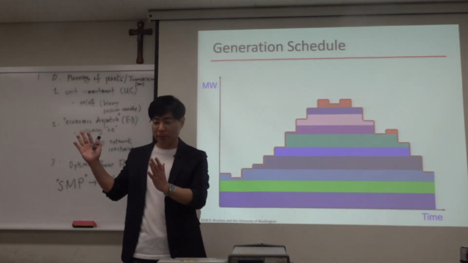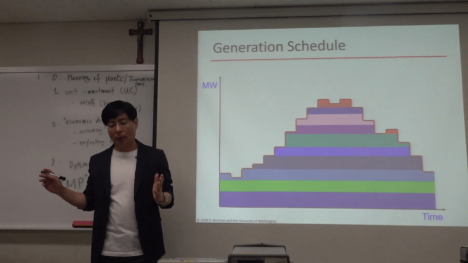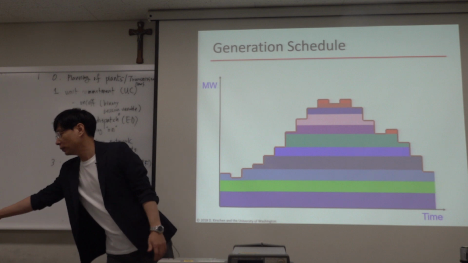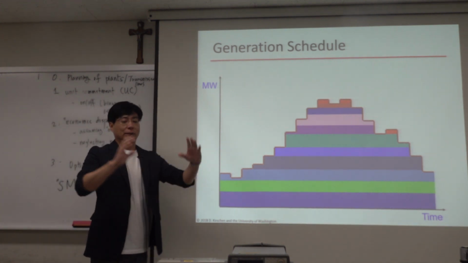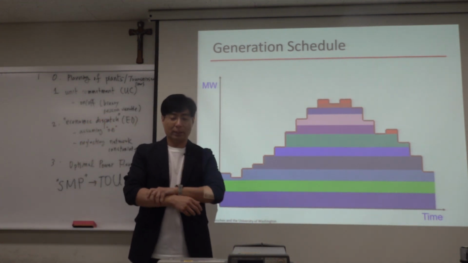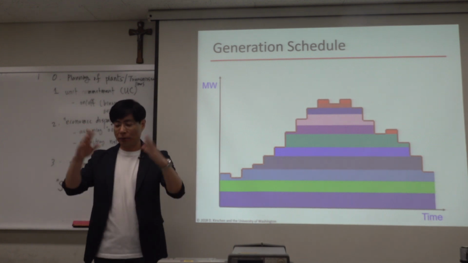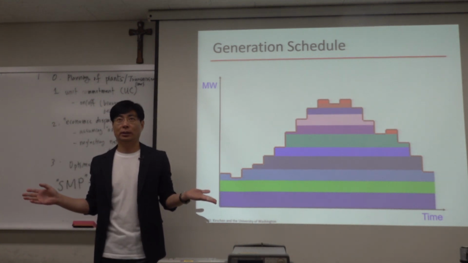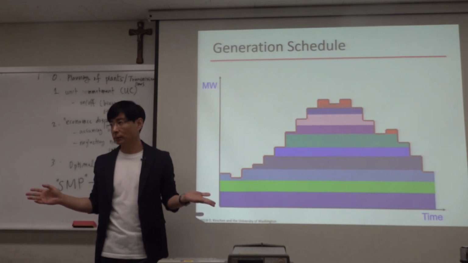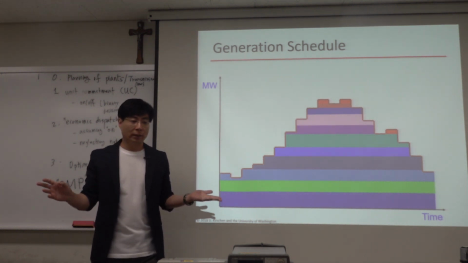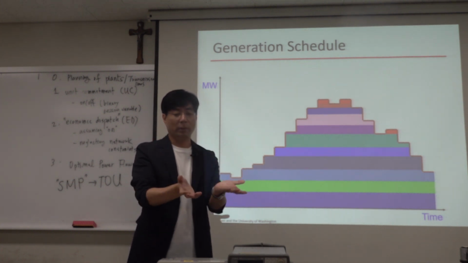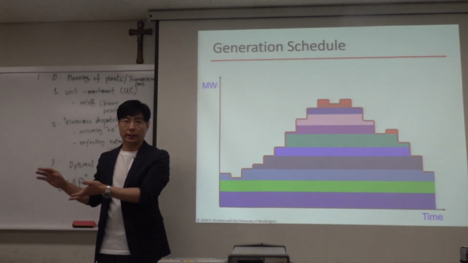But another type of customers are residential customers like you. Previously, we have a lot of residential customers, maybe 20 million or something like that. But in terms of industrial and commercial buildings, the total number is a lot smaller than that.